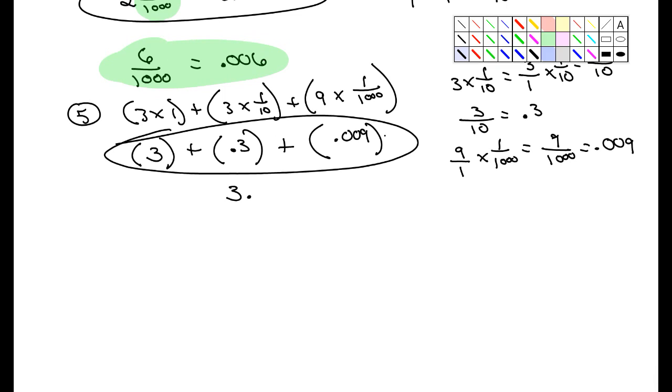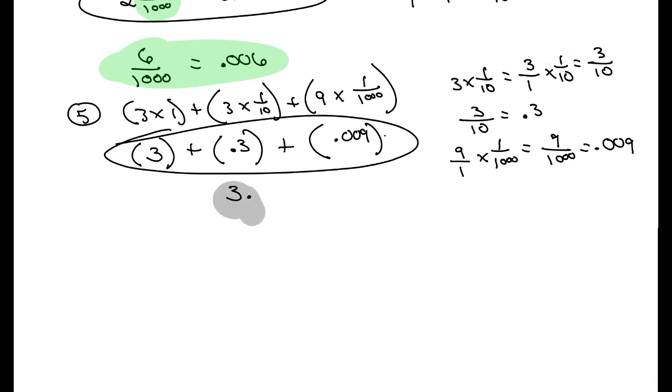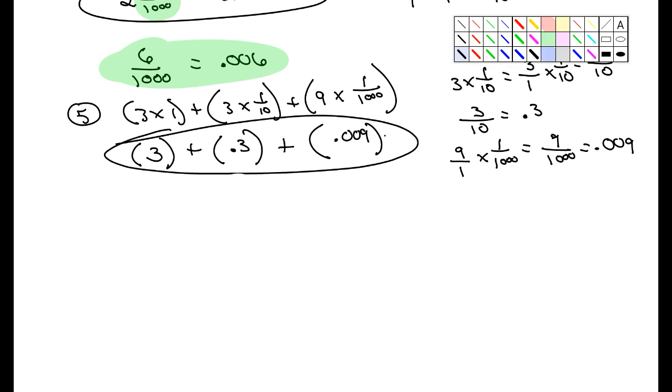Wait, what did it be? The last one would be if you add 3 plus 9. Well, we're adding up these 3 right here, so this is what we do. I'm going to put 3.00 because that's the same thing as that.